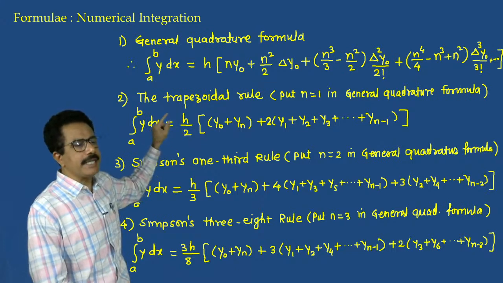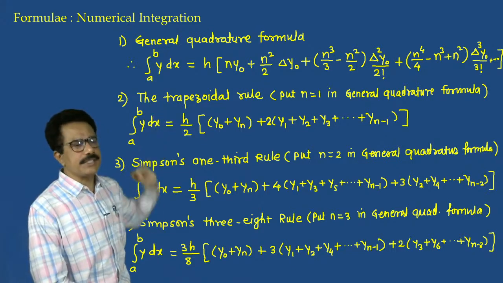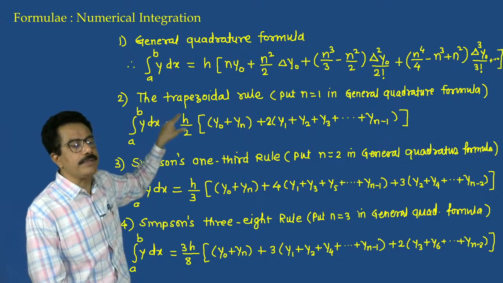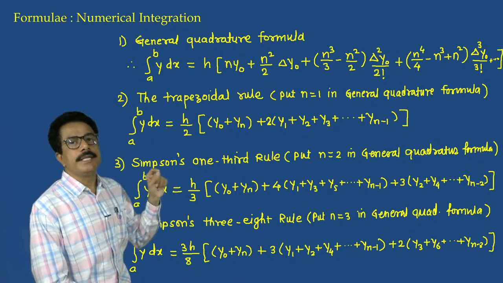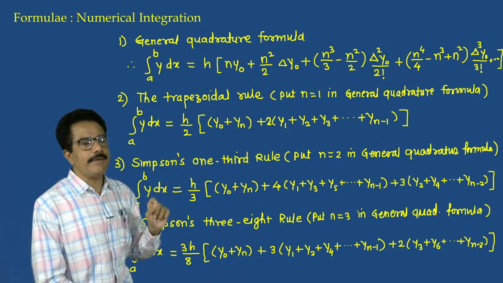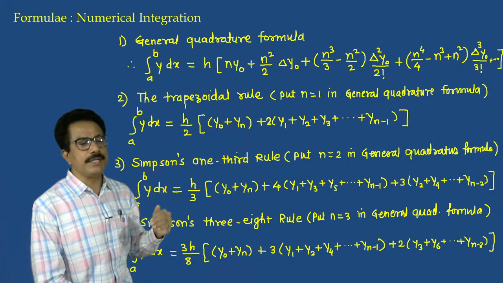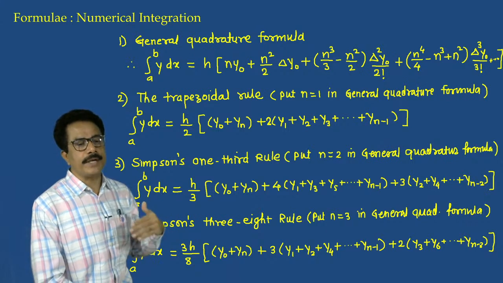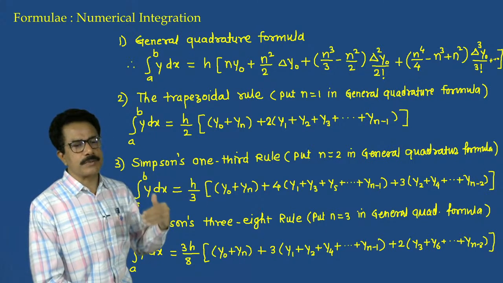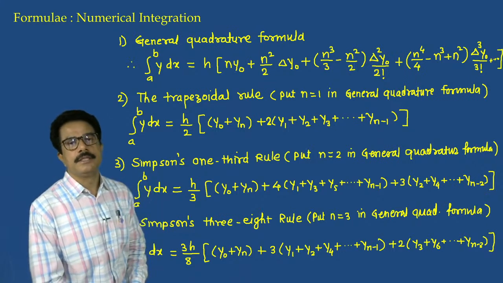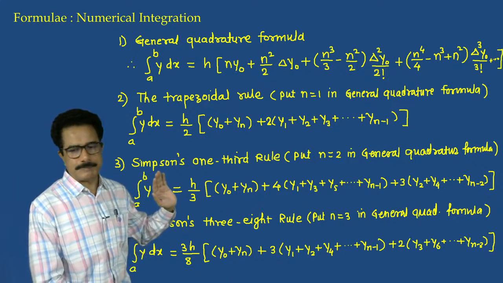In that we have studied the general quadrature formula, and that general quadrature formula is integral from a to b y dx, which equals h into, in a bracket, n y0 plus n square by 2 delta y0 plus (n cube by 3 minus n square by 2) delta square y0 upon 2 factorial, plus (n raised to 4 by 4 minus n cube plus n square) delta cube y0 upon 3 factorial. In this way we can obtain this. This is the general quadrature formula.